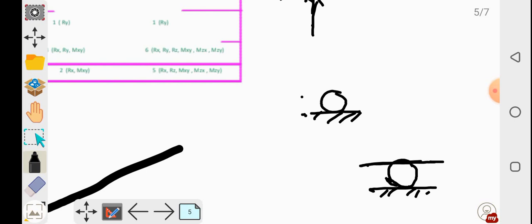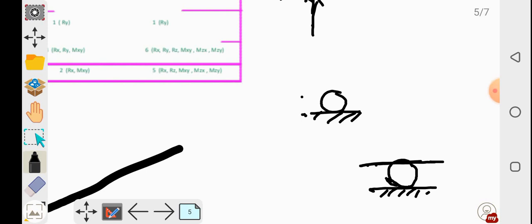This situation resembles the roller support. If I apply a horizontal force on this plank which is parallel to the floor plane, we can see our plank will move in the plane which is parallel to this floor plane. So our roller support is permitting the horizontal movement of this plank.